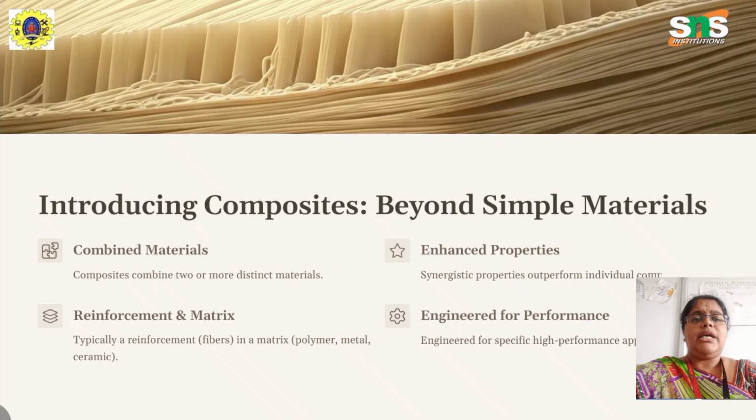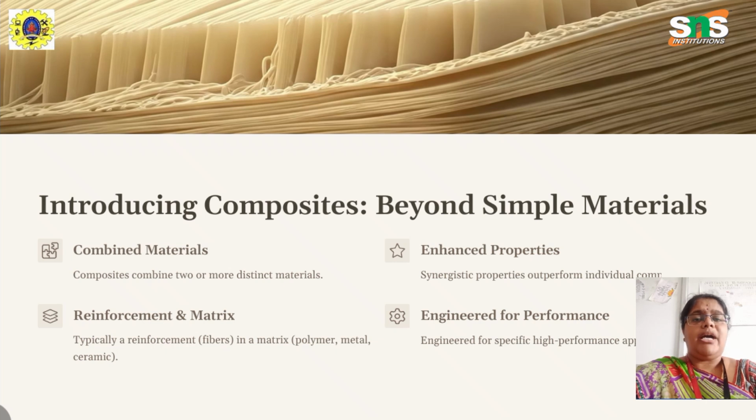Reinforcement and matrix are the main components of a composite material. The reinforcement is usually done by fibers, which may be of nanomaterial size.